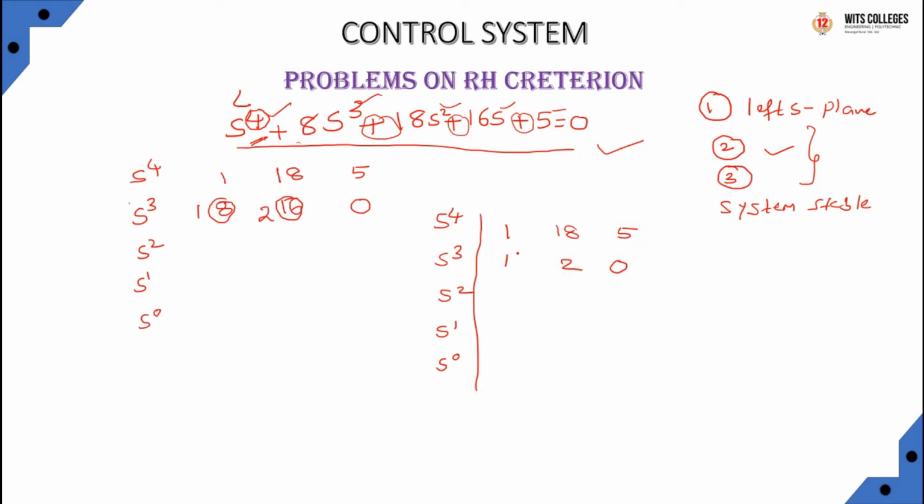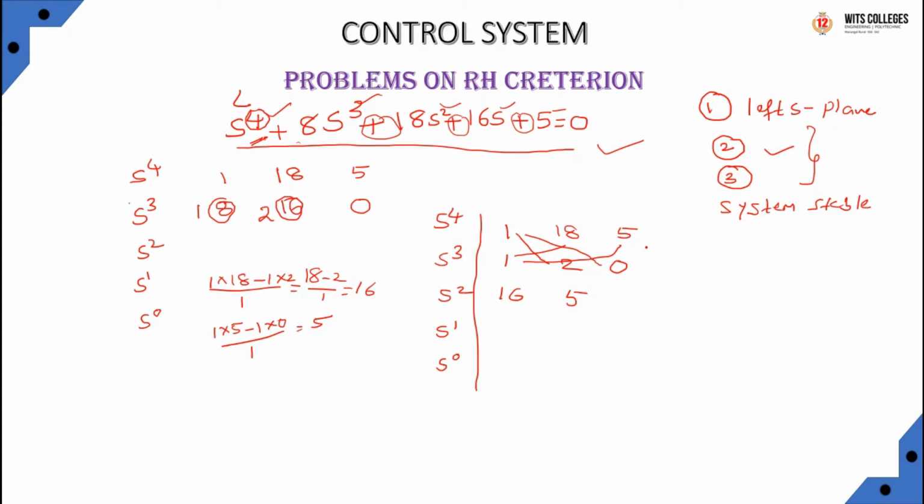Here we multiply: 1 into 18 minus 1 into 2, divided by 1, that is equal to 18 minus 2 by 1, which is 16. Here the s square entry is 16. Next, 1 into 5 minus 1 into 0 by 1, here we get the value 5. This is the 5.